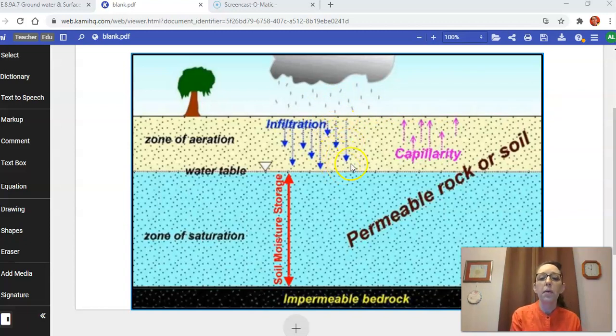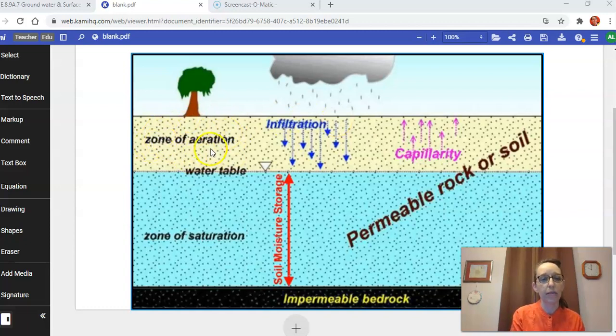All right. So lots of stuff going on here. I want you to take a minute and just draw the basics that you see here. So you want to draw a tree to show this is the surface. And then you want to draw the infiltration, your cloud with the rain, and draw the arrows to represent that water that's flowing through the soil.